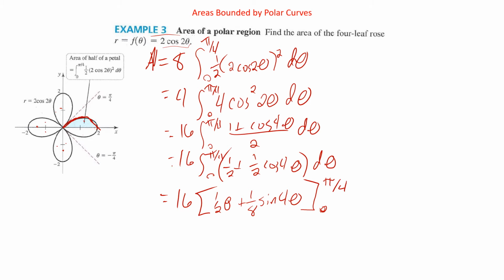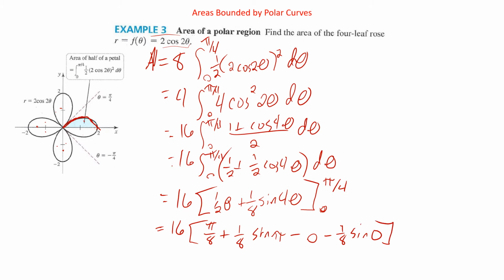We can plug in pi over 4 now. So we're going to get 16 times 1/2 pi over 4 will be pi over 8 plus 1/8 sine of 4 times pi over 4 is just sine of pi, and then minus, plug in 0, that'll be 0 minus 1/8 sine of 0.